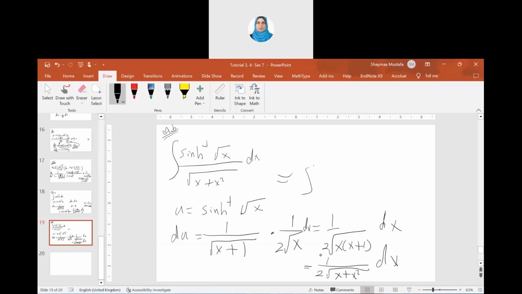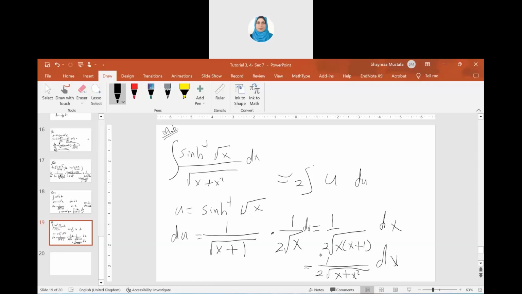So this integration becomes 2 du. That's all. Integration of 2 integral u du. Then you can complete. This one is already given to you.